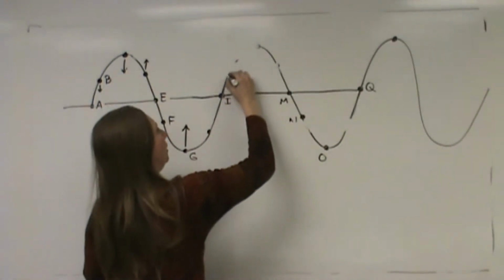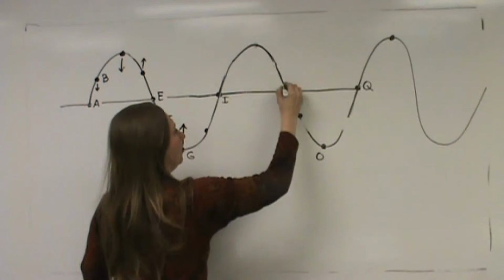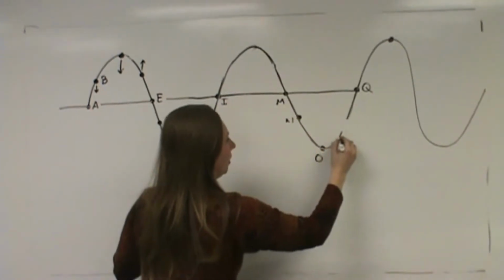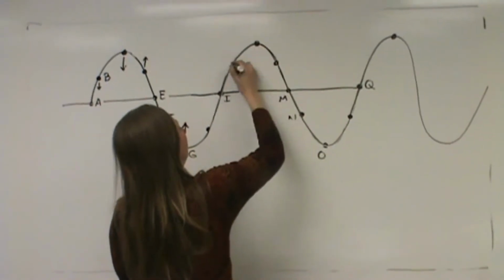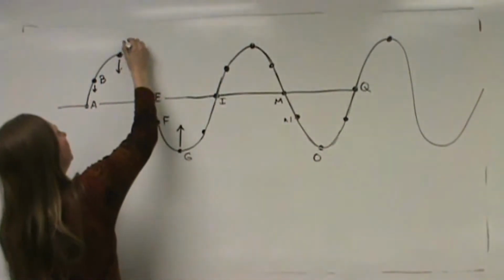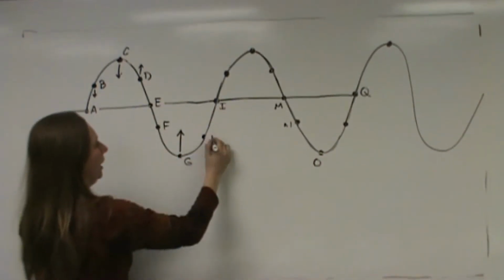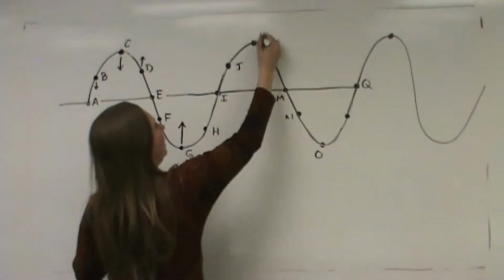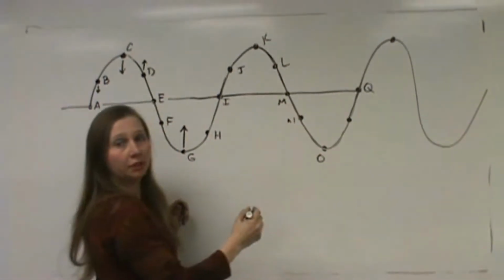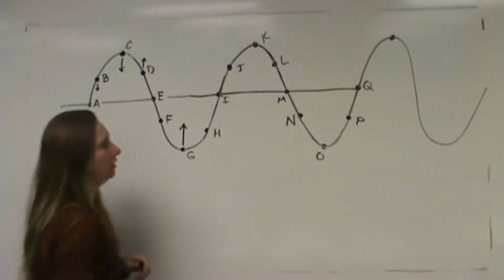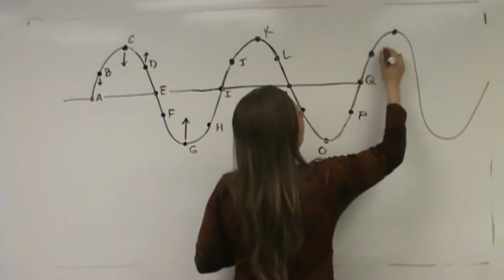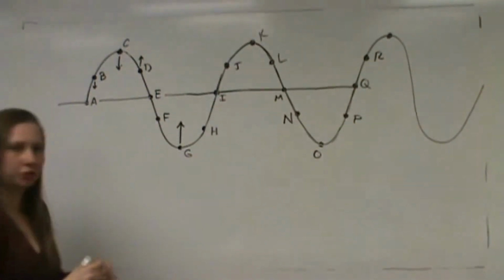Repair our little diagram here. There we go. Okay, C, D, E, F, G, H, I, J, K, L. I'm good at this alphabet thing, aren't I? M, N, O, P, Q. That would be R, S. Okay, we don't need those just yet.